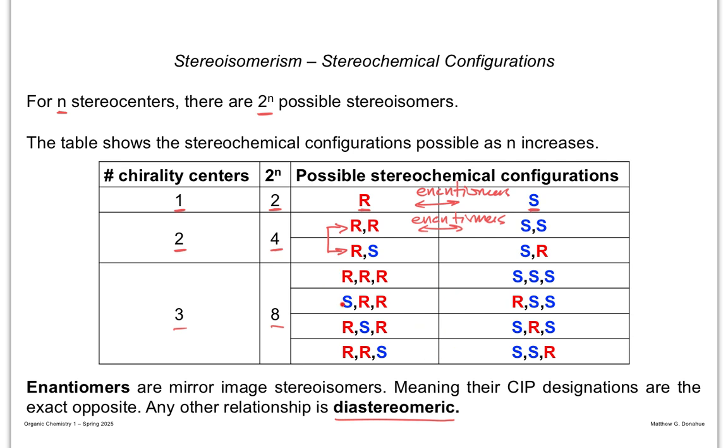And then any other relationship is diastereomeric. So again, chemically speaking, if you have enantiomers, the physical properties, the chemical properties are the exact same except for the optical rotation. But what about, say, RRR and SRR? Those are diastereomers. Their physical and chemical properties are now different.